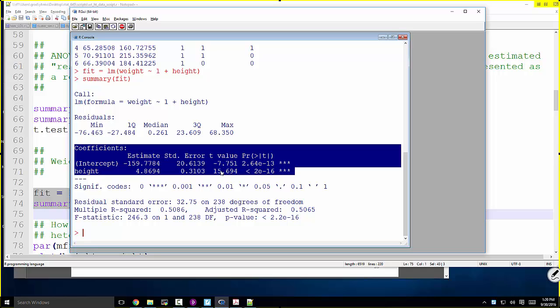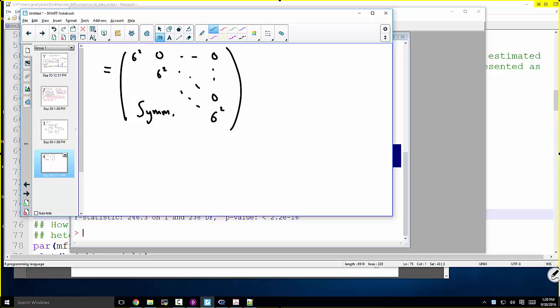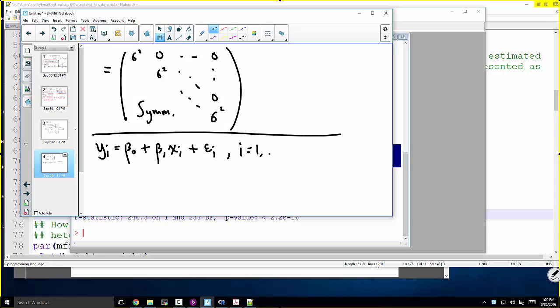This right here is a t-statistic. It's the t-statistic that would apply if you wanted to test whether that beta coefficient was equal to 0. If we have this model, beta 0 plus beta 1 x_i, suppose we wanted to test whether beta 1 is equal to 0. That would be asking, is there or is there not a linear relationship between x and y?